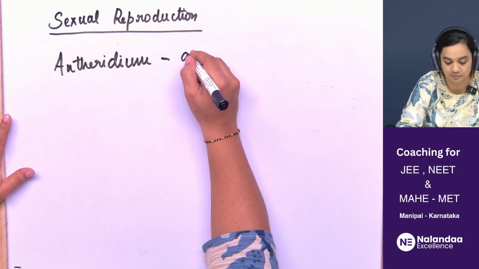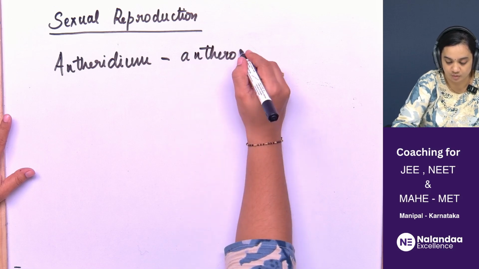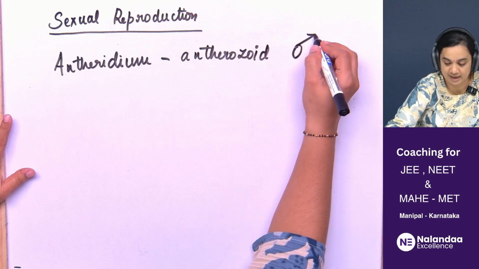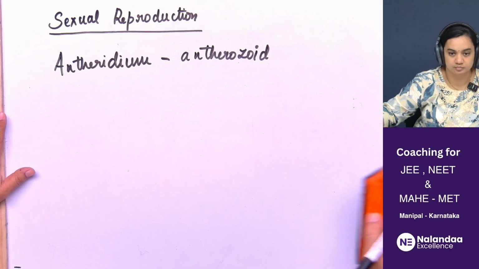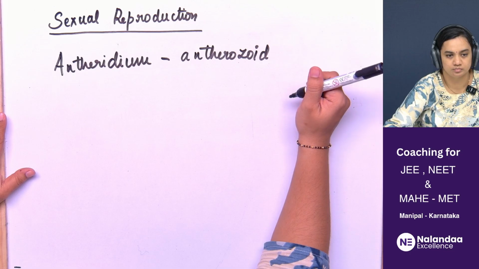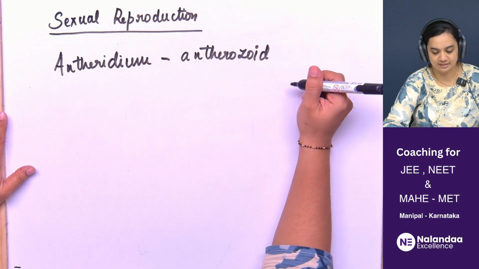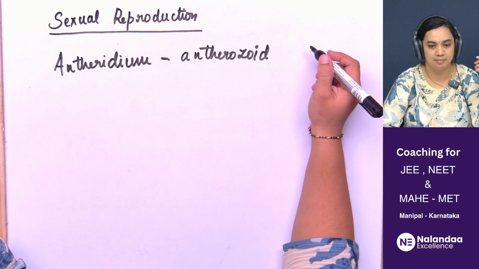What is it called? Antherozoid, the male gamete. So antheridium will produce antherozoids. Antherozoid is the name that we give for the male gamete.